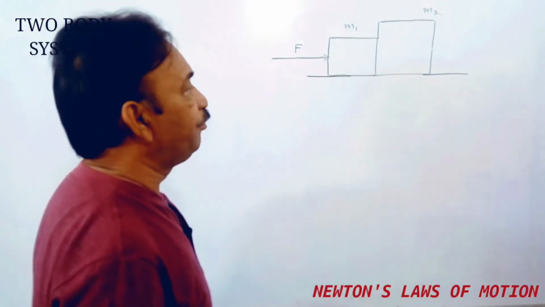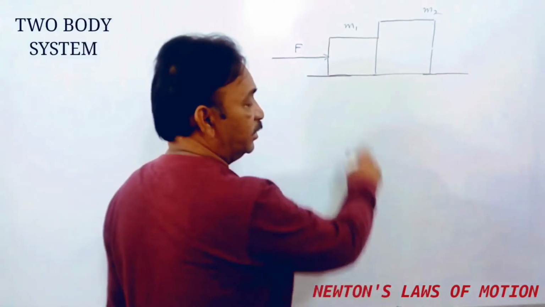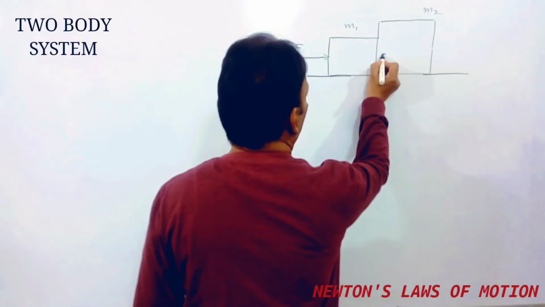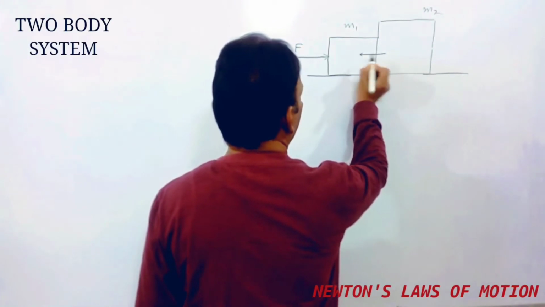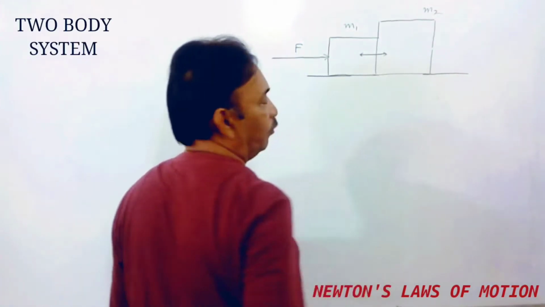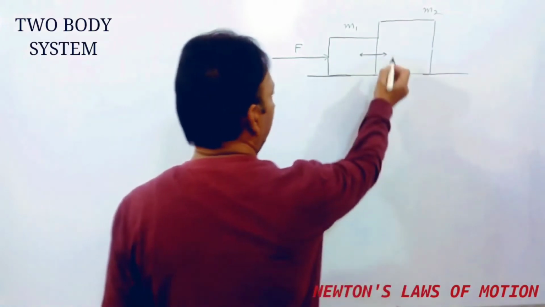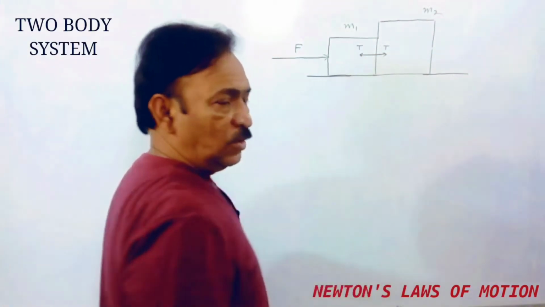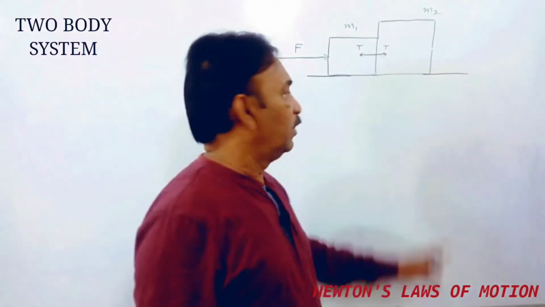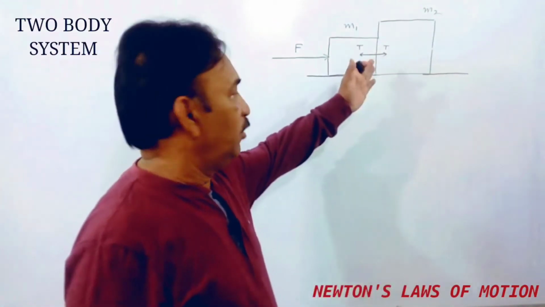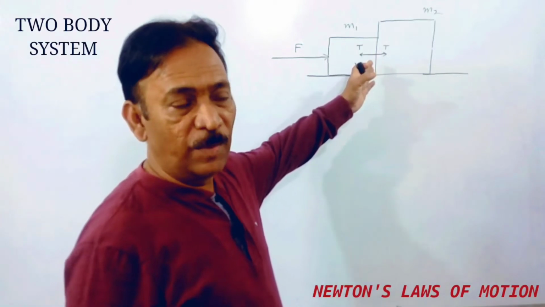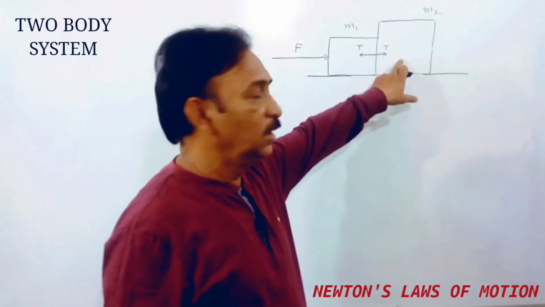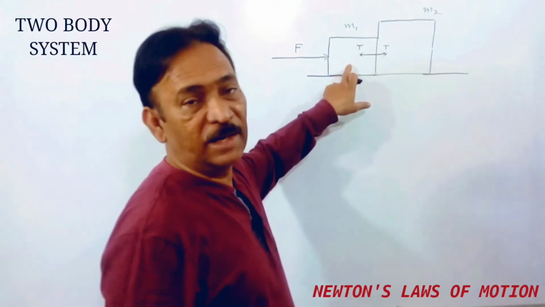Okay, students, in this situation, first we have to find out the contact force acting between the two. Let's name this contact force as T. Actually it is a pair of two forces, which we take by means of Newton's third law: to every action there must be equal and opposite reaction.